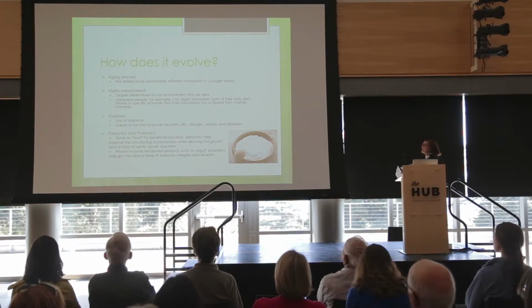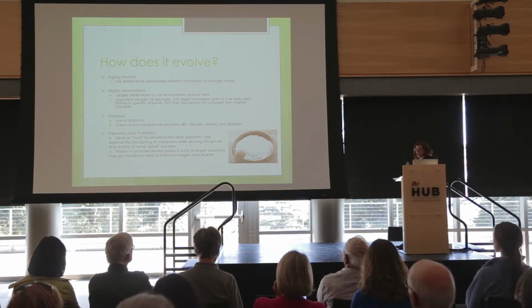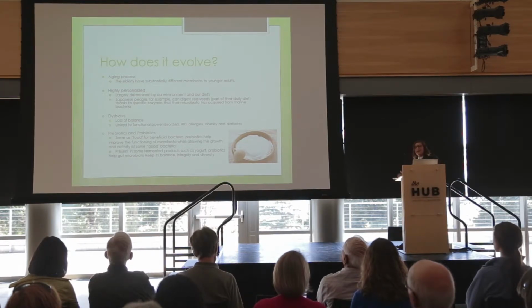And there's different ways that it does evolve as well. The aging process is very important in terms of your microbiota. Basically, as you age, it's going to start changing a little bit. And it looks a lot different. Even if your diet has stayed the same over the years, your microbiome will shift a little bit as you age.